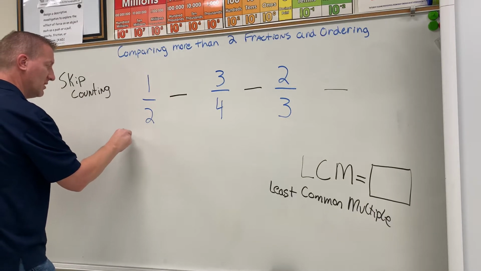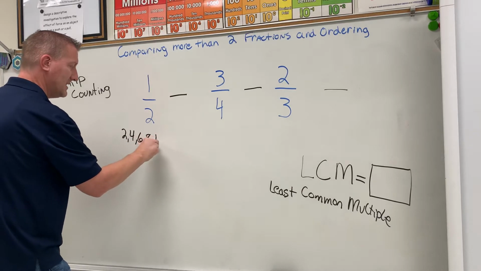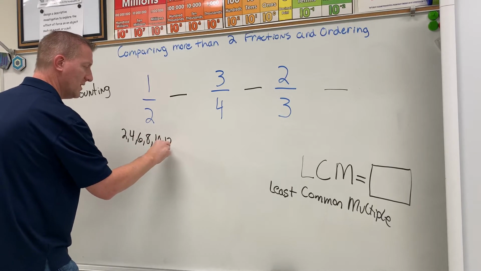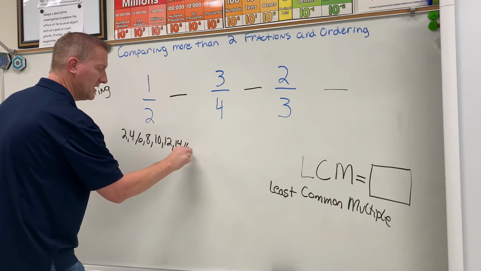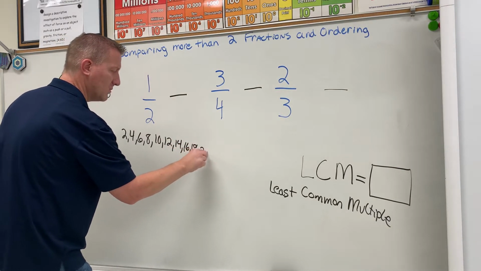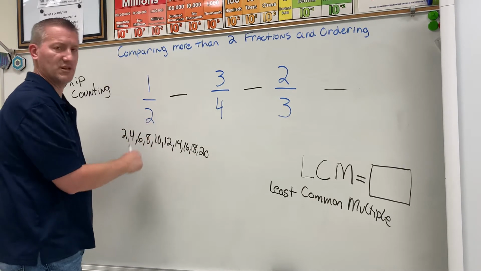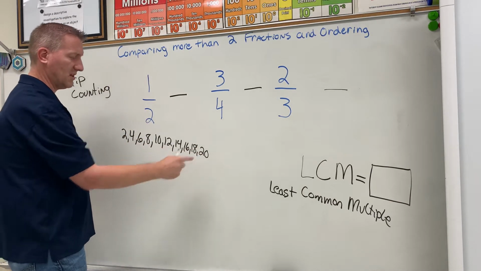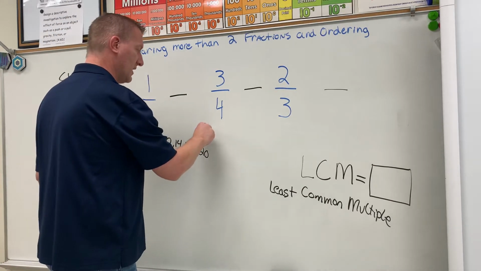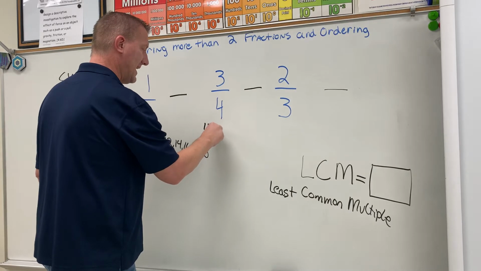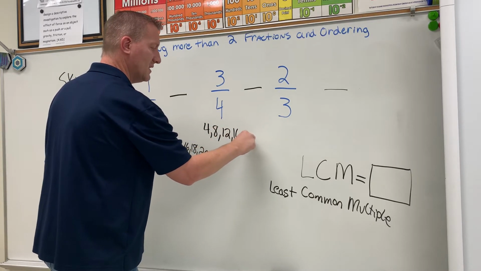So 2, 4, 6, 8, 10, 12, 14, 16, 18, and 20. So I'm skip counting right here for the 2, all the way up to 20. Now skip count by 4s up to 20. 4, 8, 12, 16, 20.